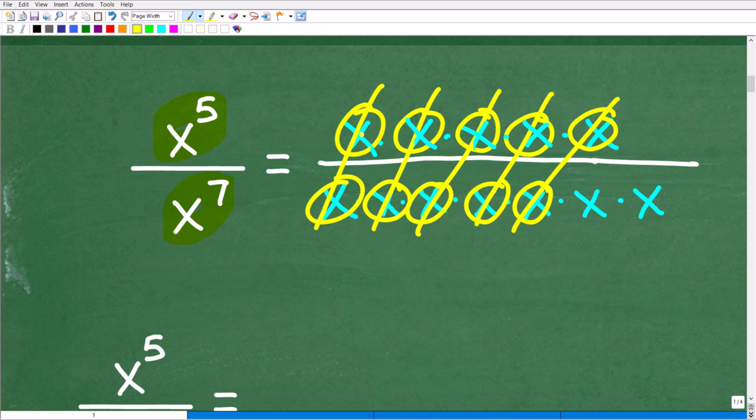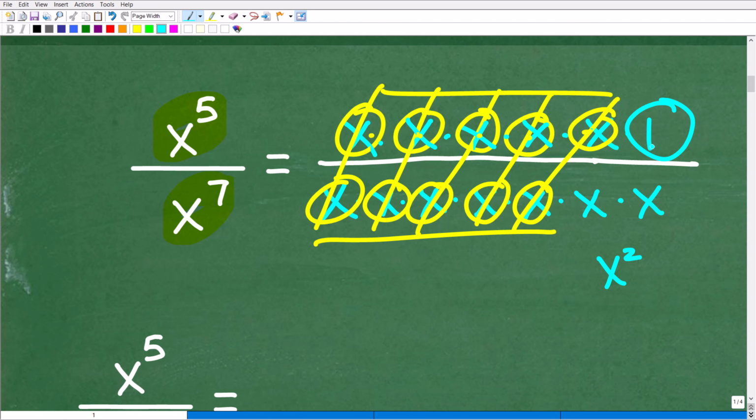So we have 1, 2, 3, 4, 5 x's cross canceling the 5 x's down here, and we're left with x times x in the denominator, which is the same thing as x squared. Up in the numerator, we don't have anything, but we always have 1 as a factor. So we have 1 in the numerator and x squared in the denominator. So our answer is 1 over x squared.